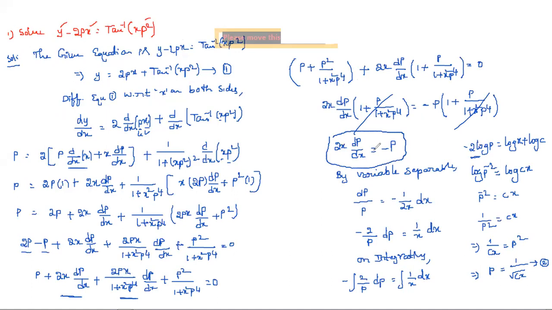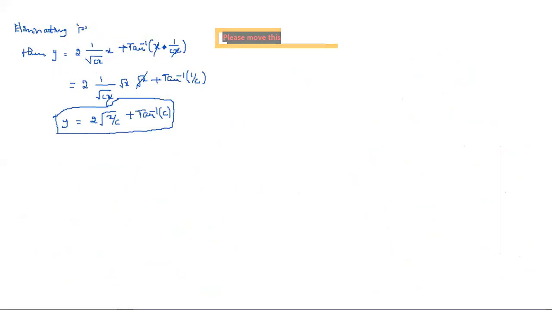For that, we applied the variable separable method. Then we calculated the parameter p and eliminated it by substituting in the given equation, and finally we got the general solution.